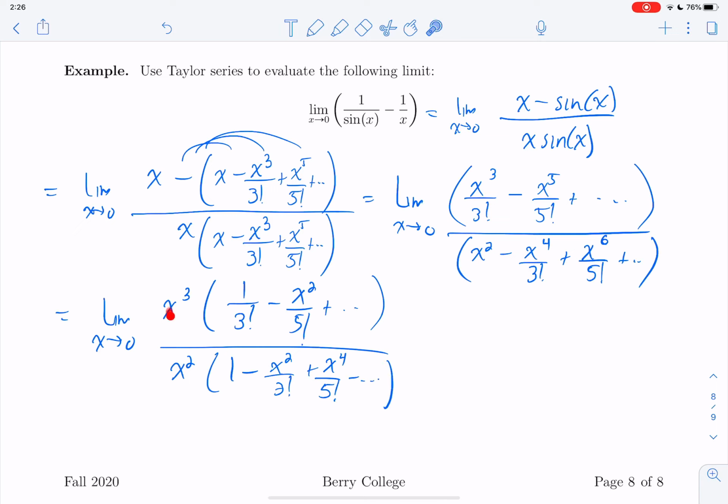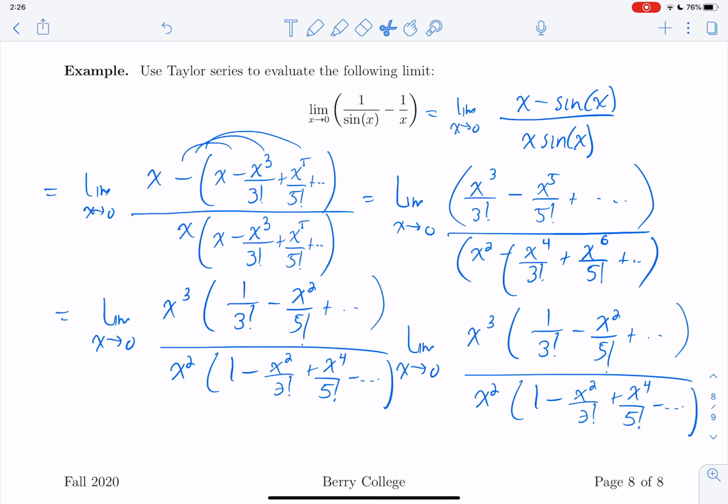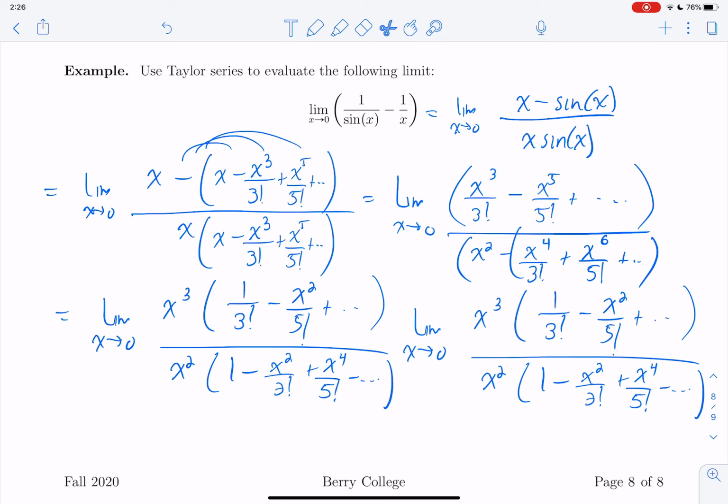The x squared and the x cubed will cancel and leave just an x upstairs.